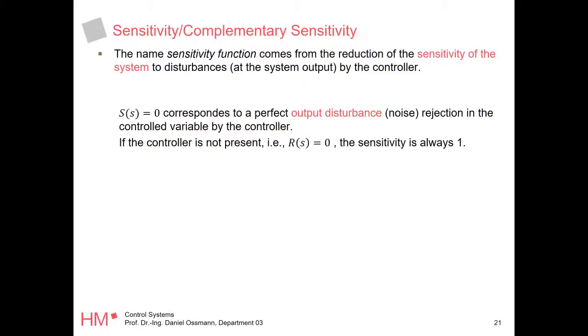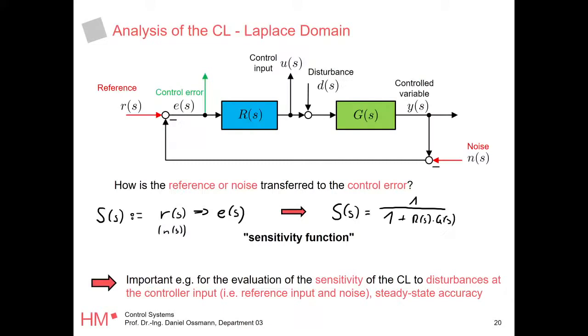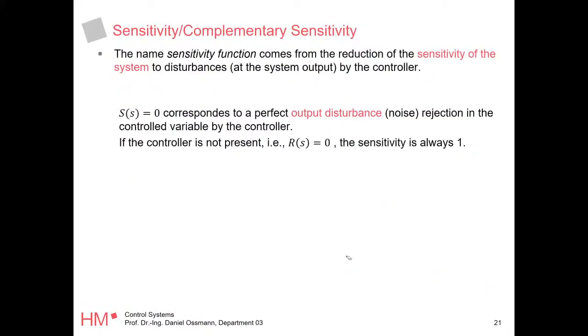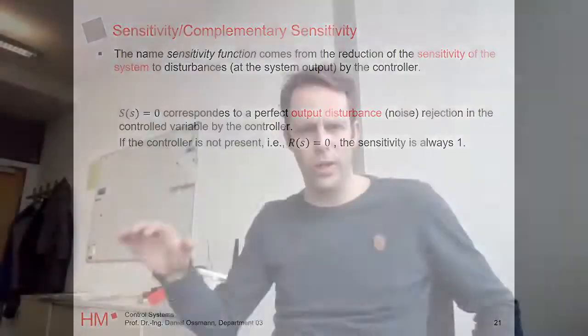If the controller is not present, so if you set R to 0, then the sensitivity becomes 1. And now you should realize, okay, this makes sense to call it sensitivity, right? Because what a controller is basically doing is reducing the sensitivity to noise in your system.